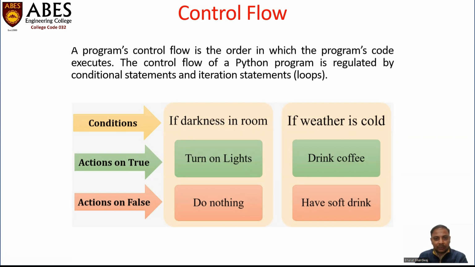Another example: if the weather is cold, we can drink coffee, or if the weather is not cold, then we can have a soft drink. So on the basis of some situation or condition, we can decide which task is going to happen.